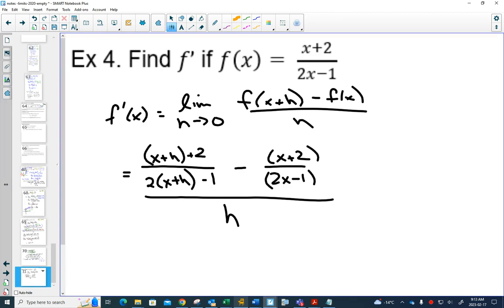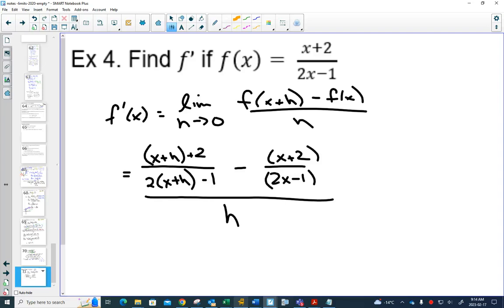So things look awkward to begin with. We have to think, well, what is the math that I know? What can I do? Well, I'm subtracting fractions. I have a fraction inside of a fraction. So just like in identities, one of the greatest strategies you can do is, can I simplify this so that it is a single fraction? On the top, if I want to subtract those fractions, I would need a common denominator.